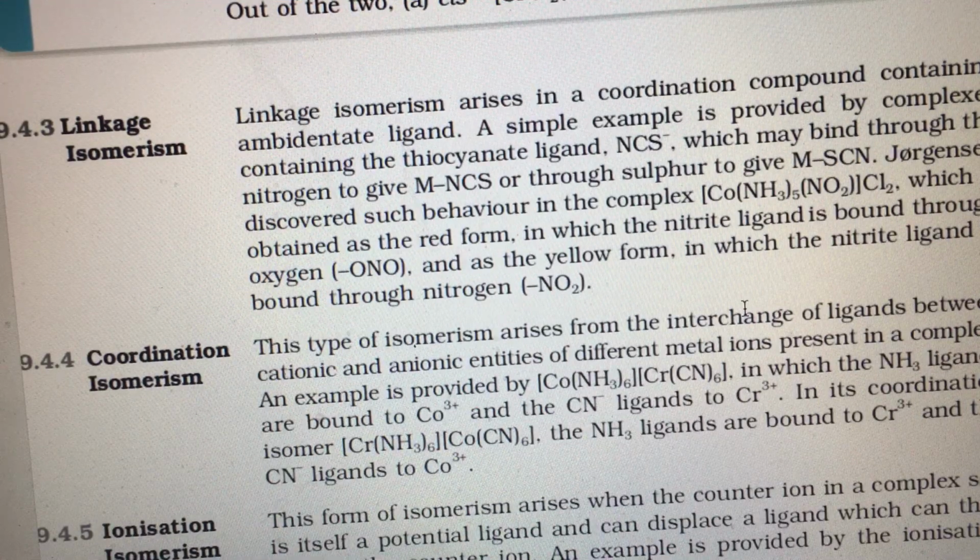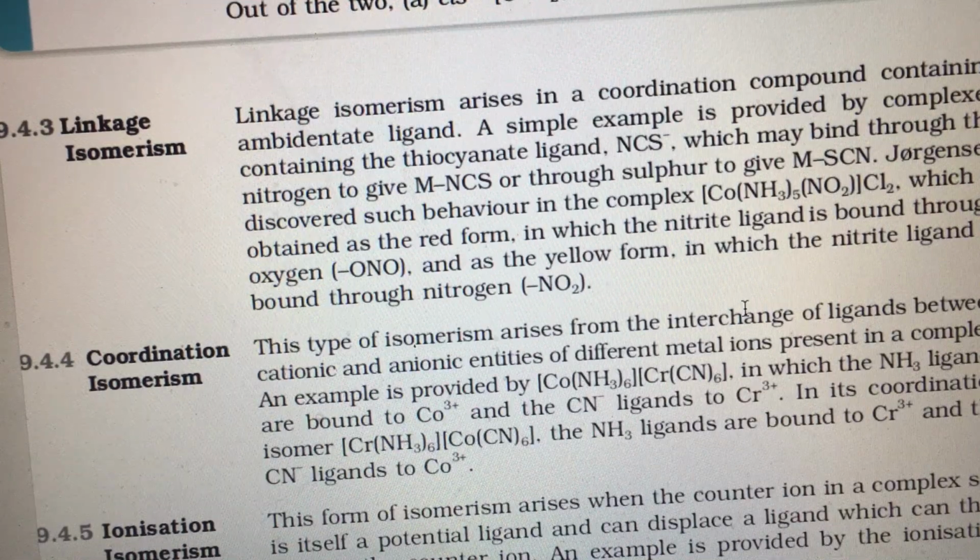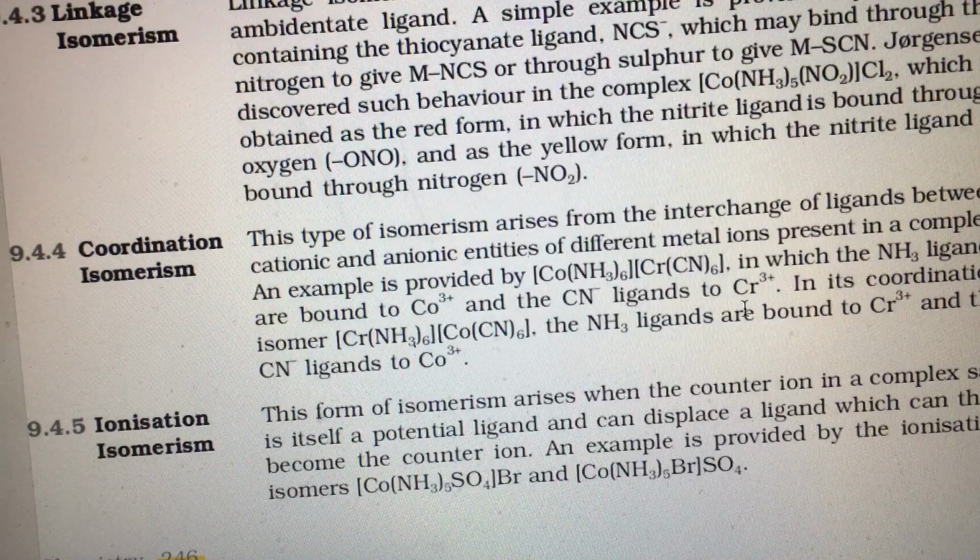And then ionization isomerism, it's a very strange name anyway. What happens in a certain complex, for example pentamine sulfato cobalt 3 bromide, if you add silver nitrate, it will give a yellow precipitate of silver bromide, because the bromide is outside the coordination sphere, satisfying only primary valency.